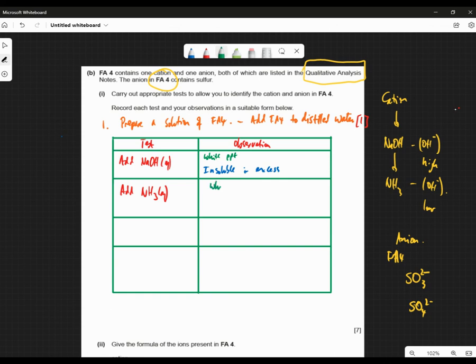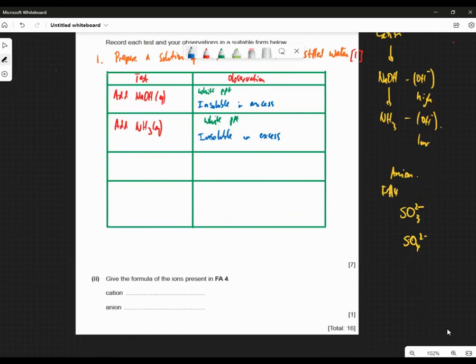I also get a white precipitate, because it's the same thing, by the way. I get the hydroxide. White precipitate, and what now? Insoluble. You should have got insoluble in excess. Now, from those two, you should have figured out very simply that the cation is magnesium.